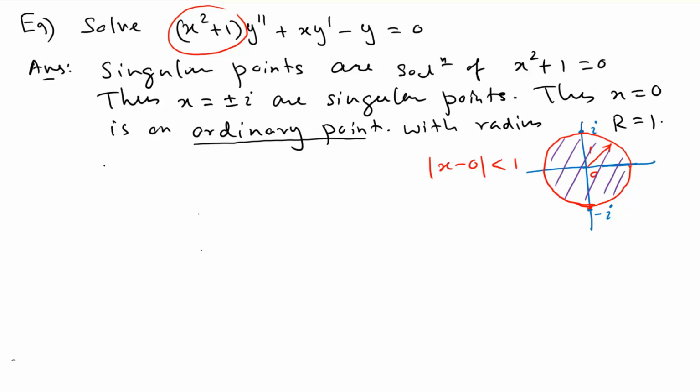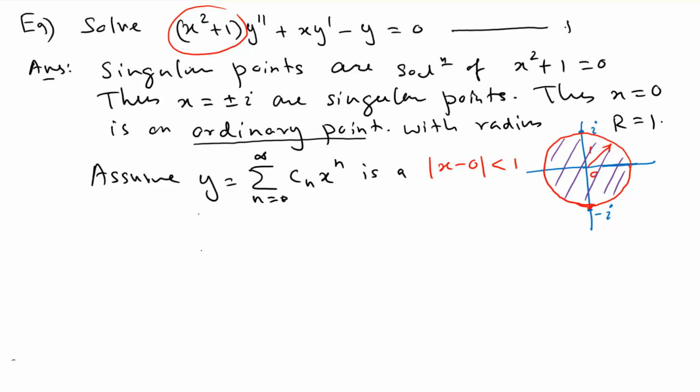Now we can assume a solution of this form, because there's a power series solution in that. So assume y equals sigma n going from 0 to infinity cₙxⁿ is a solution of star.